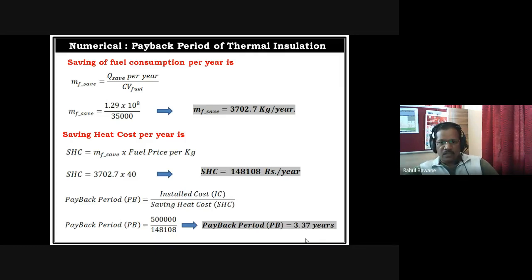That means exactly 3.37 years are required to recover all the installation cost, that is 5 lakh. After this period, whatever heat saving there is is the net profit for that system. So this is our final answer. The payback period of this system is 3.37 years.